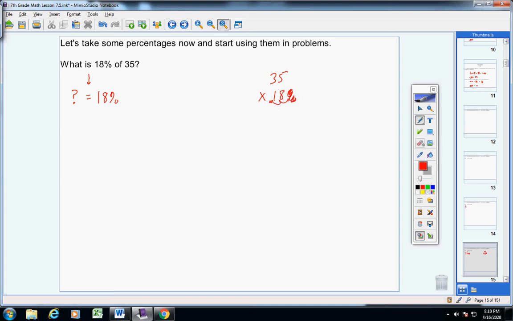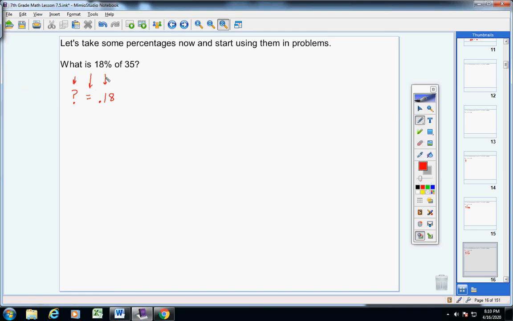Okay, so instead of putting 18% here, I'm going to put 0.18, and that's right. Right? We've learned how to convert a percentage to a decimal, move the decimal 2 places to the left, and we get 0.18.